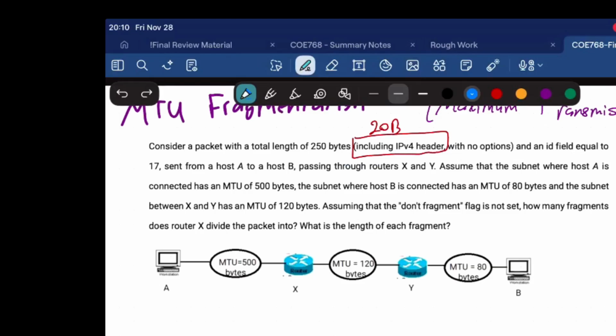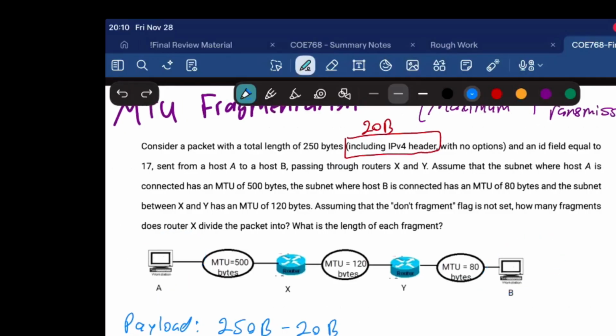So the first thing that we need to do is figure out what the actual size of your payload is. The payload will be 250 bytes minus 20 bytes, which is 230 bytes total. So that is the amount of information that we need to send from A onto B.